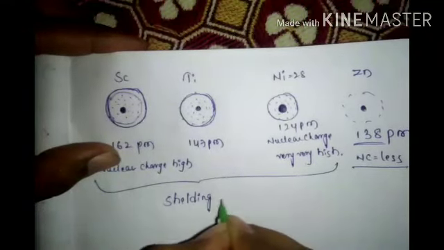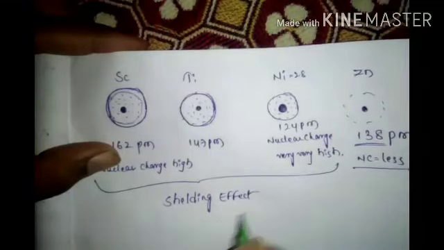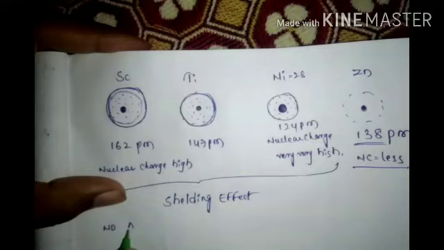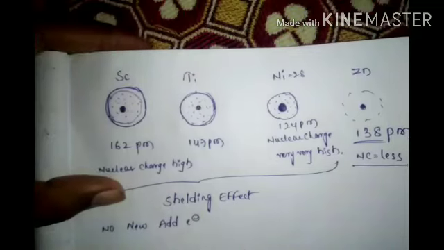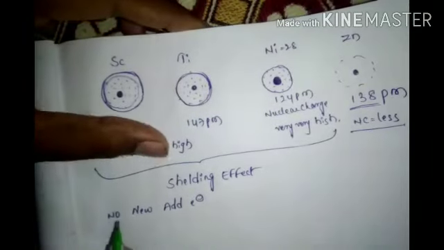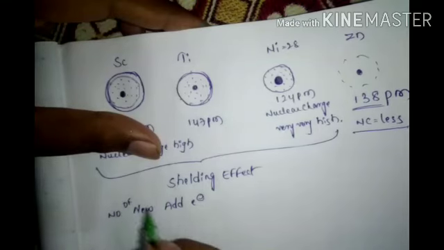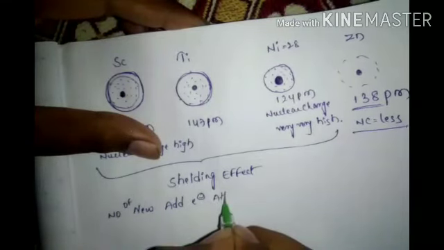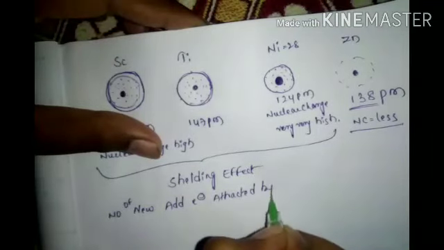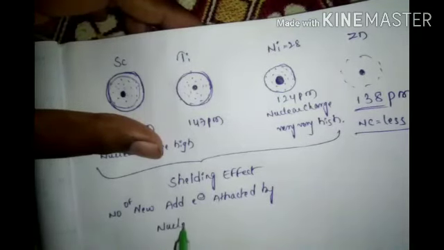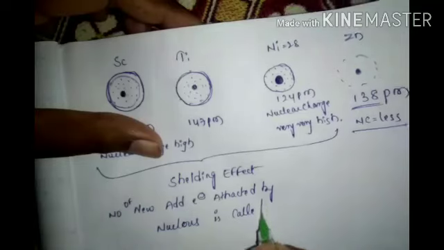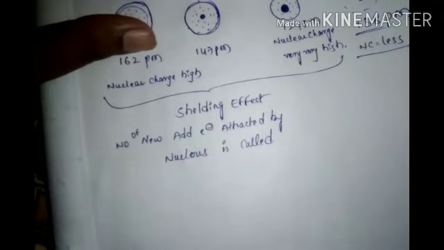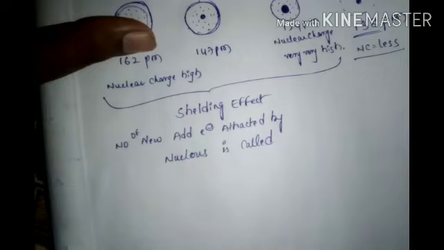Shielding effect means the number of newly added electrons attracted by the nucleus is called shielding effect.